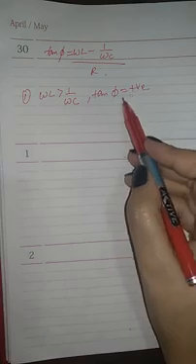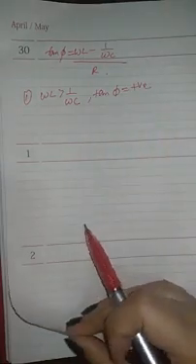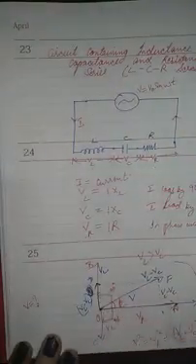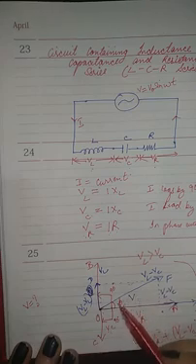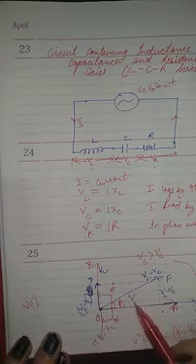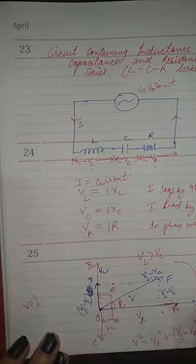When tan phi is positive, look over here, if this phi is positive, then the voltage V leads the current I. So V leads I by the phase angle of phi.